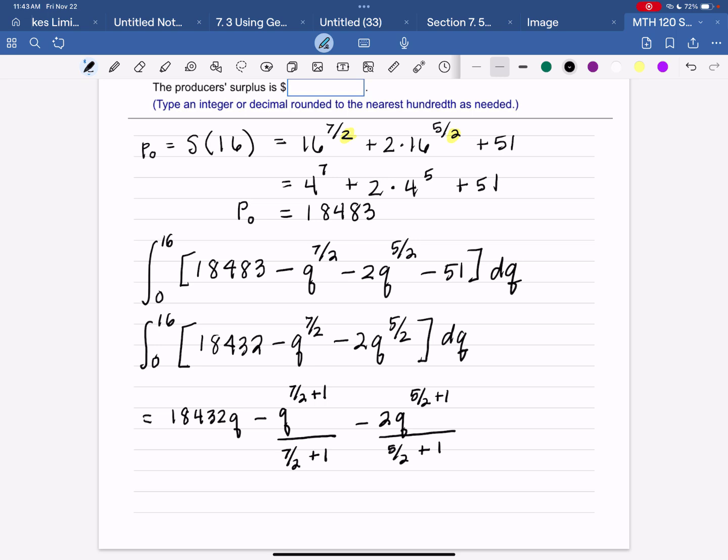And since this is a definite integral, there's no plus c needed. We're going to evaluate it at 16 and at 0 and find the difference between those.